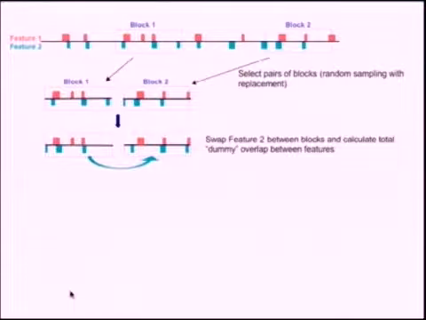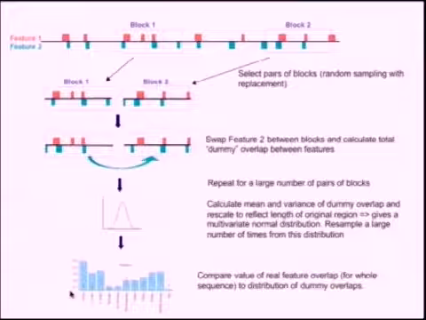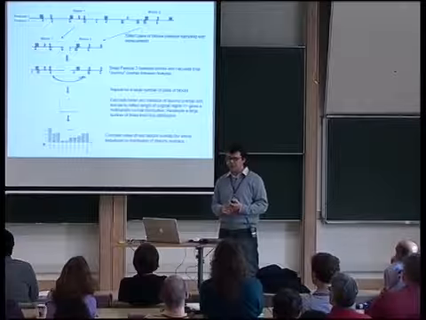By doing this a number of times and then normalizing this distribution, you can calculate some statistical measures that give you some level of confidence as to whether or not your actual overlap is statistically significant. Then we have to go and figure out if it's biologically significant.